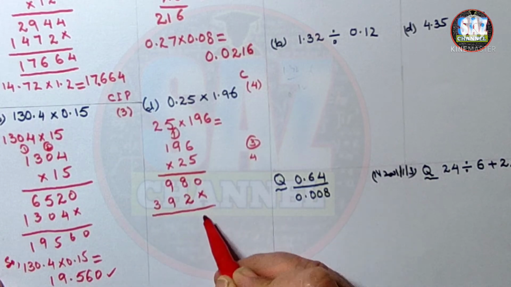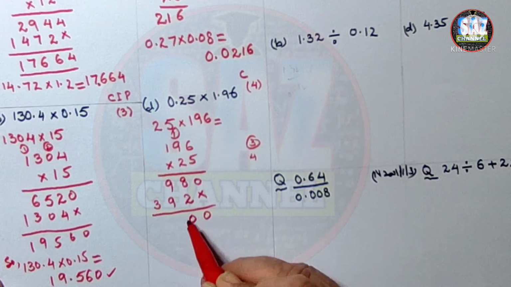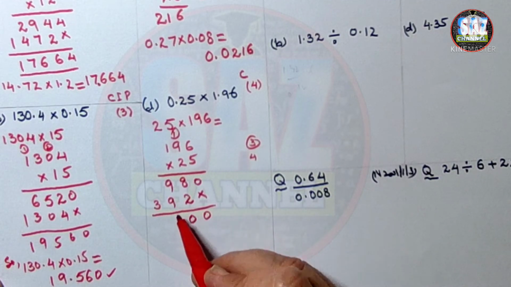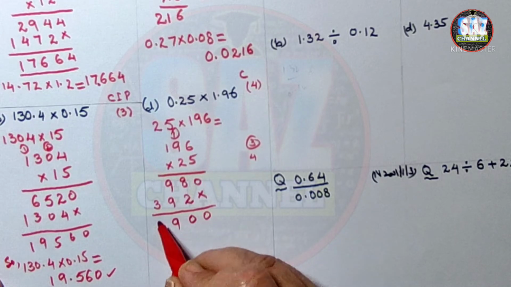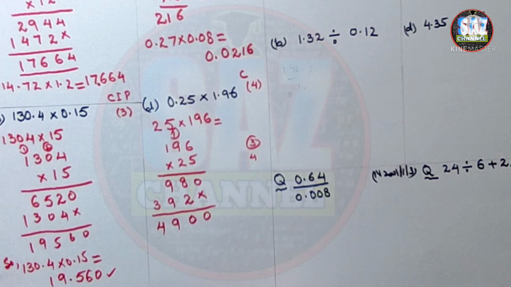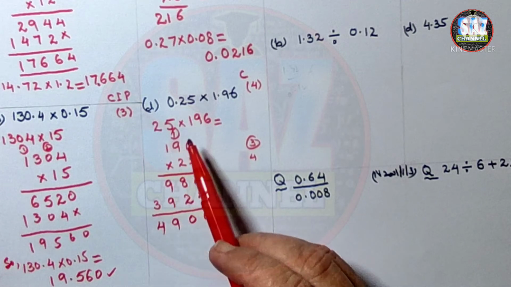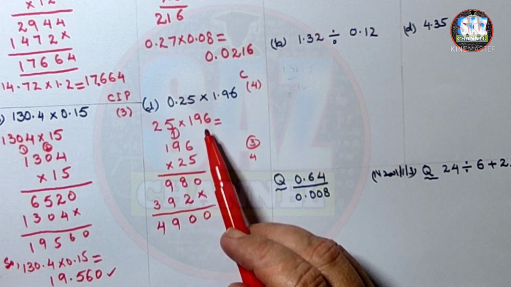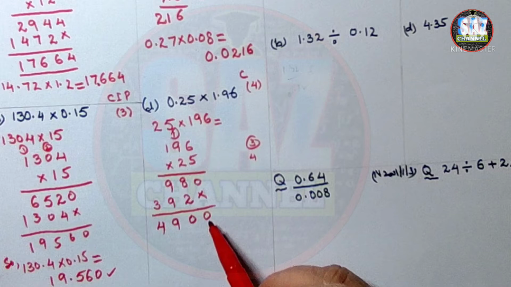Okay, now what I have to do, I have to add up the numbers. 8 and 2 10, 9 9 18, and 1 19, 19, and 3 and 1 4. So the product of 25 multiplied by 196 is 4900.